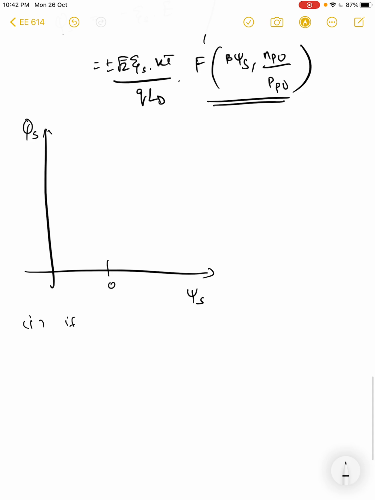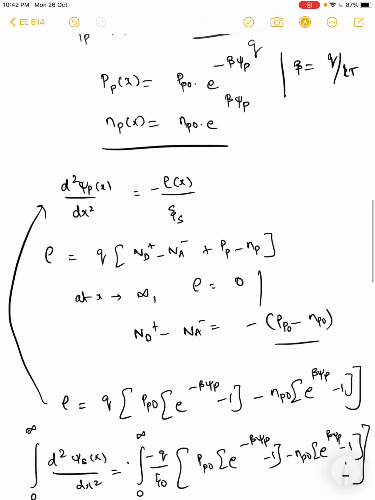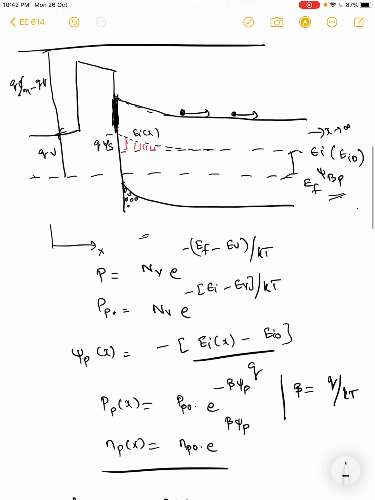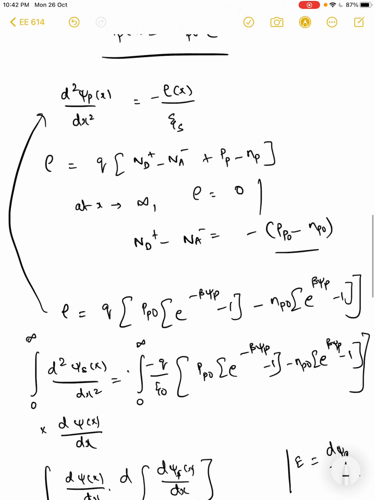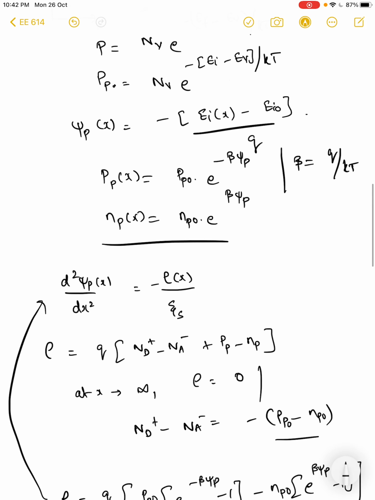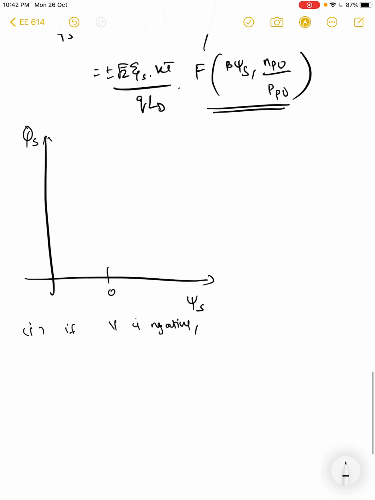If the potential V on the metal turns out to be negative, and we saw that if V is negative, E_i of x will go above E_i because the valence band is going to bend towards the Fermi level, right? And hence psi s is going to be negative from this particular equation, and hence psi s here is going to be negative for negative potentials.